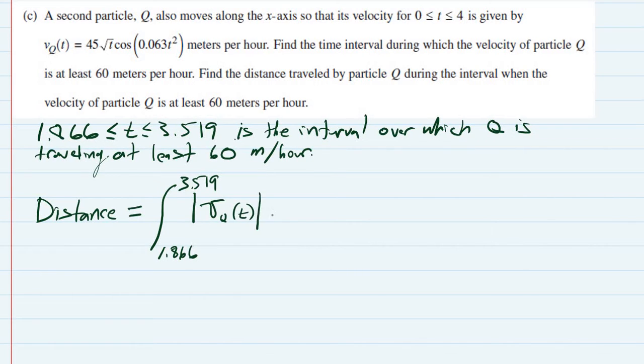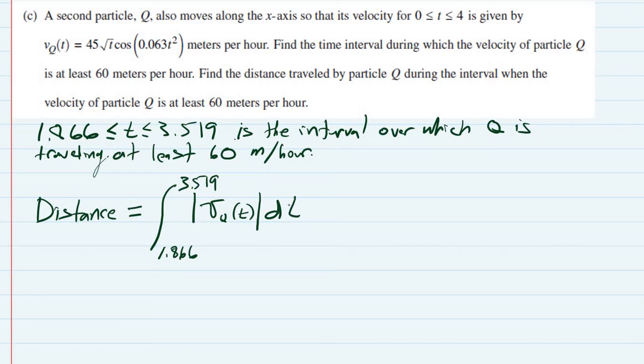Because distance means I want to know how far in absolute terms the particle traveled without regard to direction. So I always want my summations to be positive. So I'm going to do that integral.